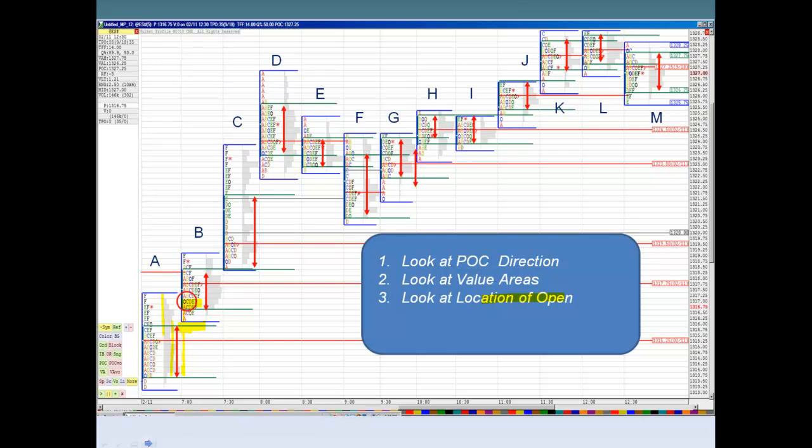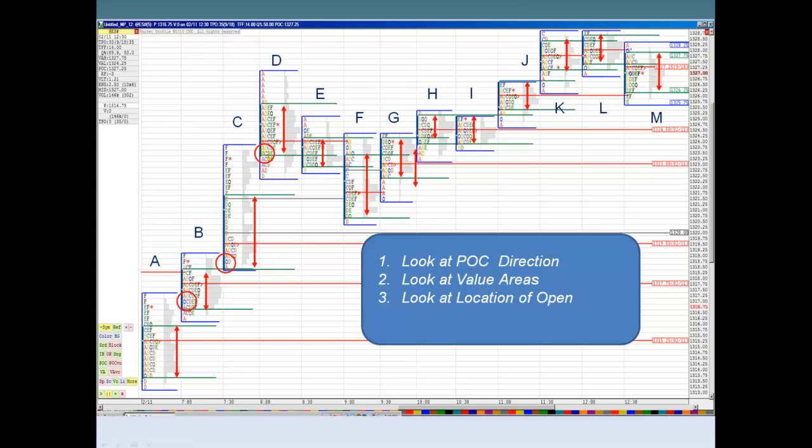Let's take a look at period C. And here we open above value, and take a look. We had a minimal test, just one print below the open, and we take off like a rocket, and the value area begins to expand. All right, now we're going to take a look at period D together. This open relative to the prior period.